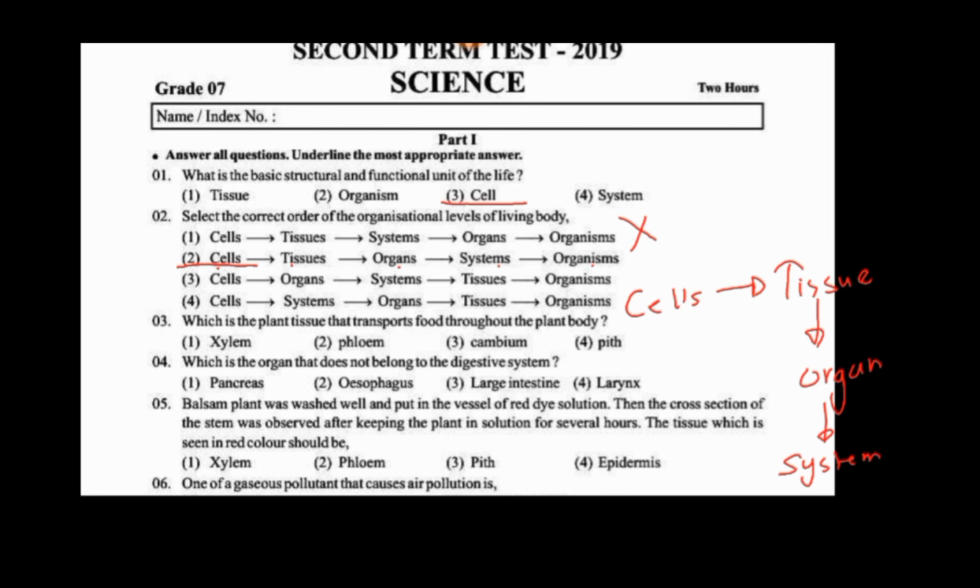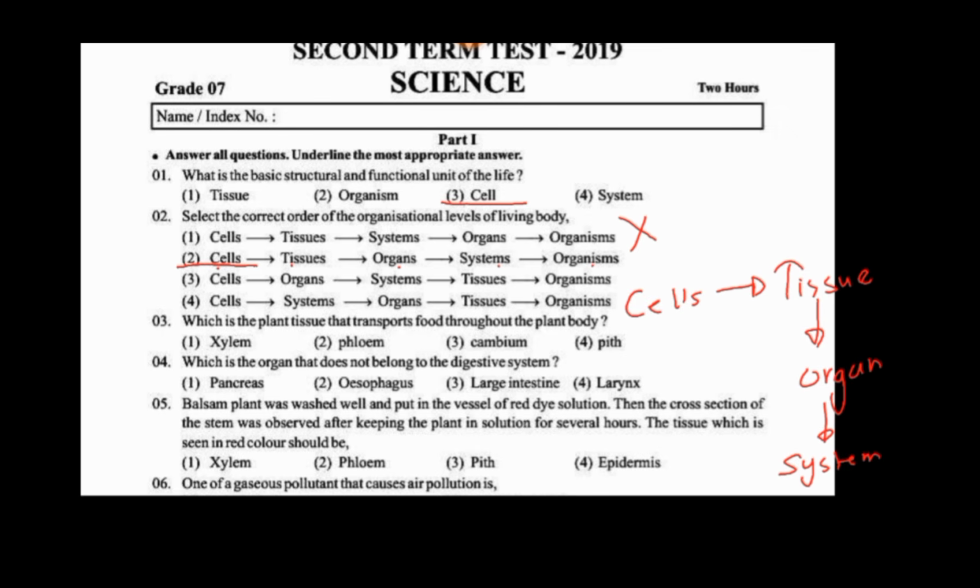Question number 3, which is the plant tissue that transports food throughout the plant body? So in this lesson, you learn about two types of tissues present in the plant body. One is xylem, the other is phloem, right? Yes, what is xylem? Xylem tissue transports water and minerals, right?